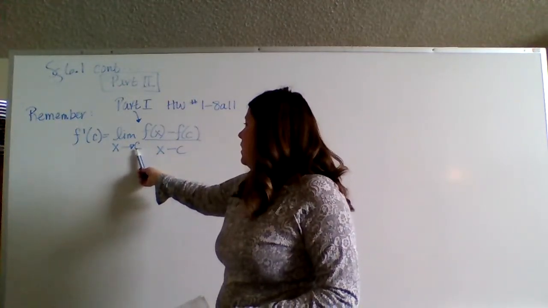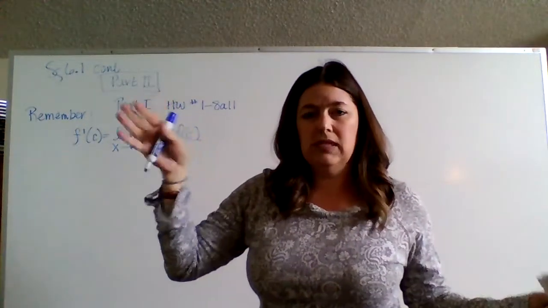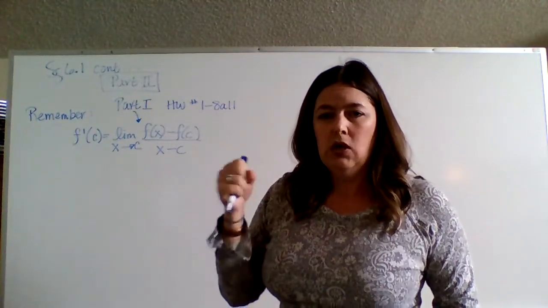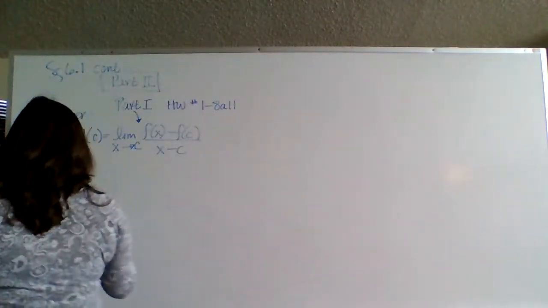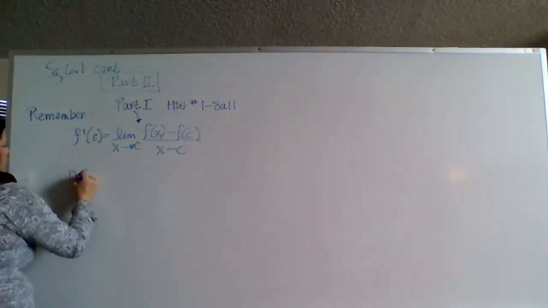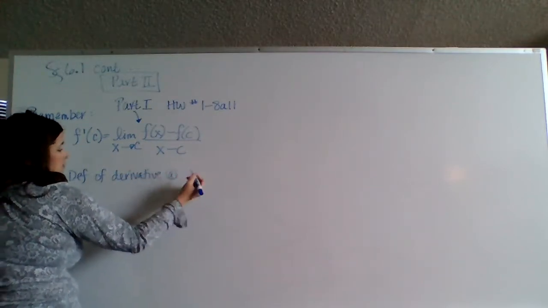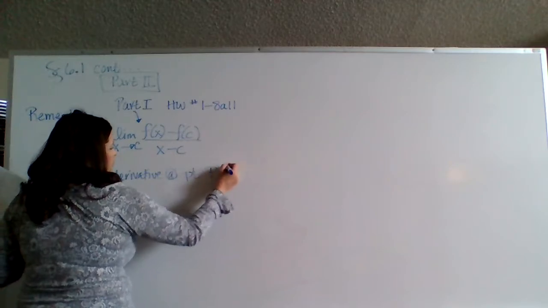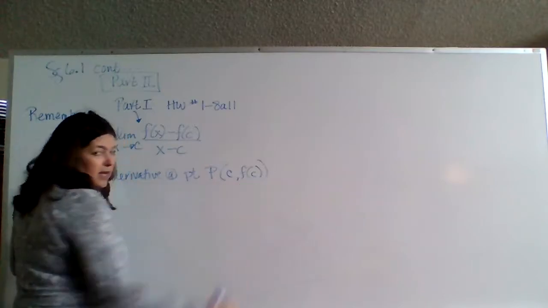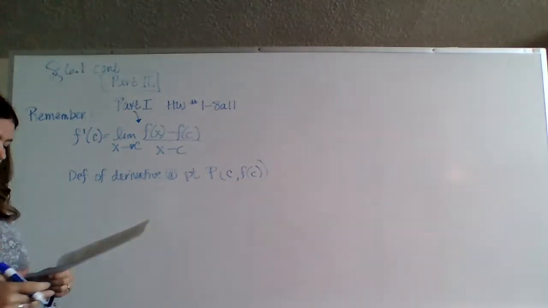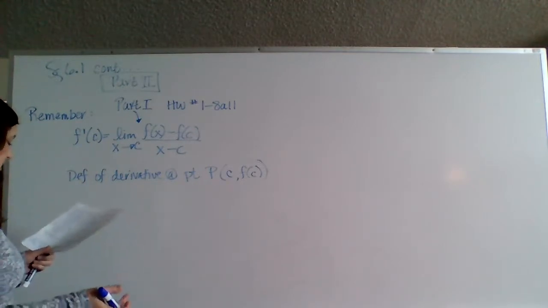But the idea is you're trying to approach that c value, because instead of the slope between 2 points, which is called the slope of a secant line, you're finding the slope of the tangent line, or the slope at an instantaneous rate of change, right at an instant. And that was the one thing I wanted to remind you of, that when we're using this first definition of derivative at a specific point, where point P would be c comma f of c, input comma output, where our x is approaching c, then this is the definition of derivative at a certain point or at a certain instant.